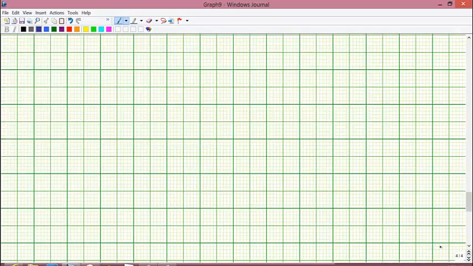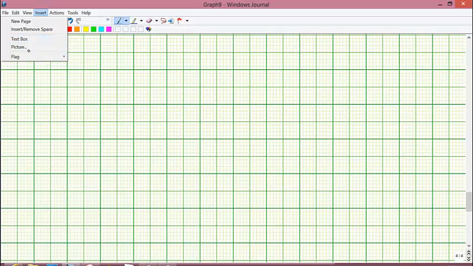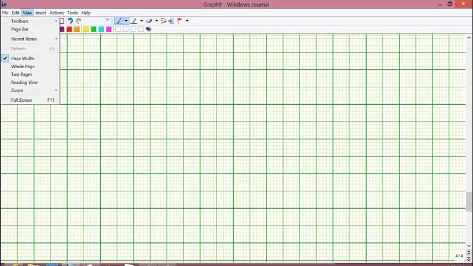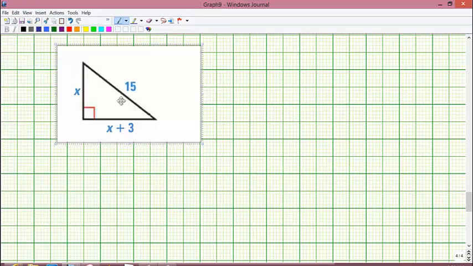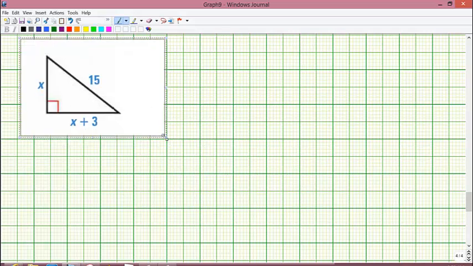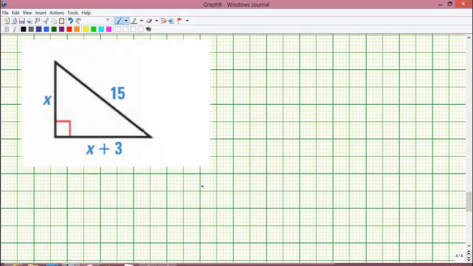Okay, let's look at another type of question that we might get. Sometimes these are combined with some forms of algebra, so we might have a problem that looks like this. And again, we're looking at Pythagoras, so we know that A squared plus B squared equals C squared.